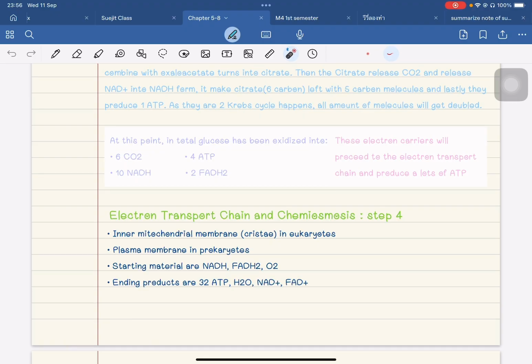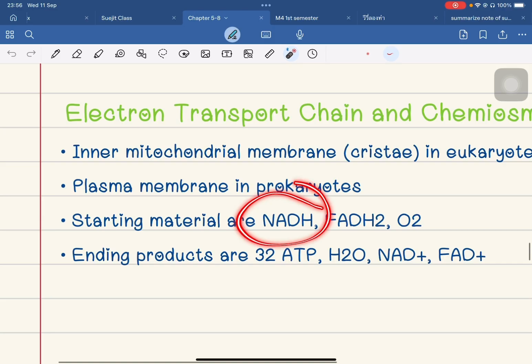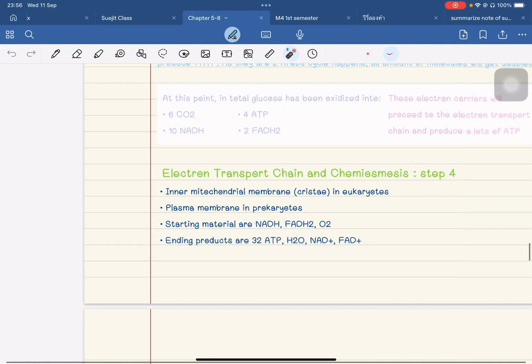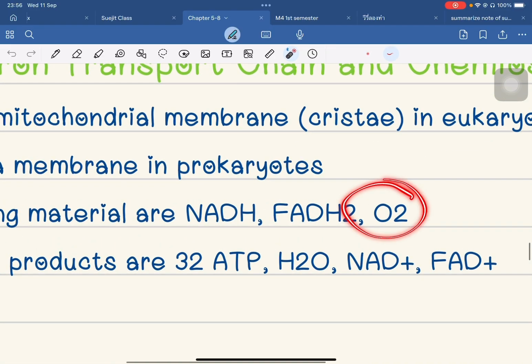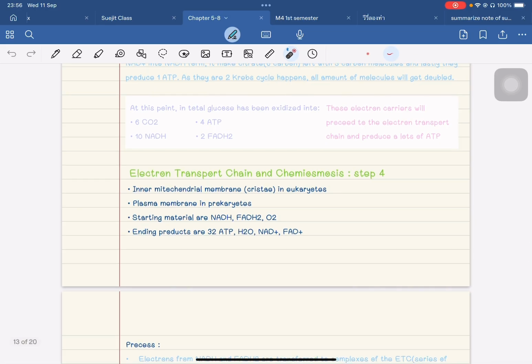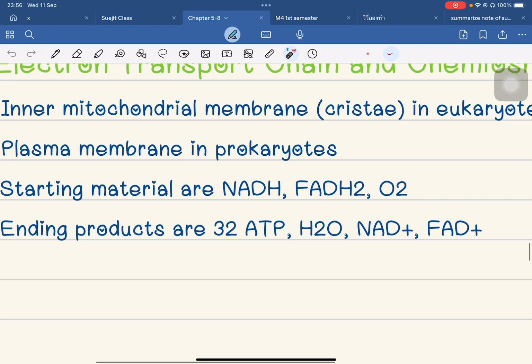The starting materials are NADH, FADH2, and oxygen. This is the step that requires oxygen, and it's very important because without oxygen, we can't do all of this. The end products are 32 ATP, water, of course, and NAD plus and FAD plus.